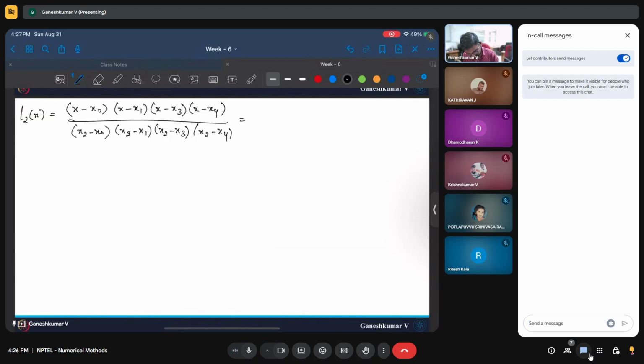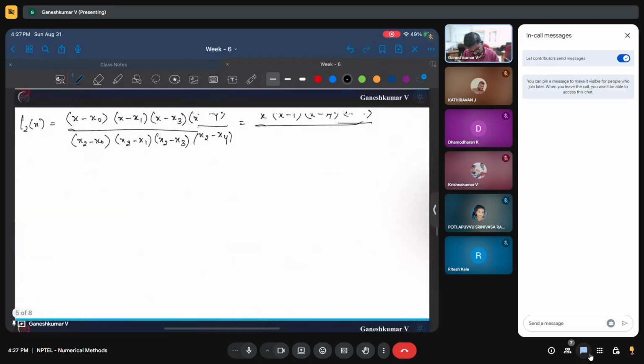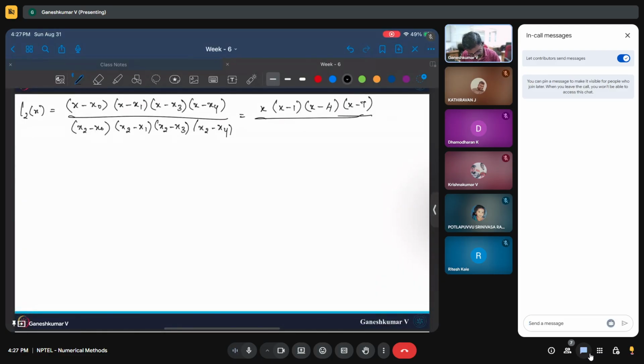So if you substitute, x naught is again 0, so x into x minus 1, x minus 4, x minus 7, divided by, x2 is 2, so 2 minus 0 is 2, 2 minus 1 is 1, 2 minus 4 is minus 2, and 2 minus 7 is minus 5.